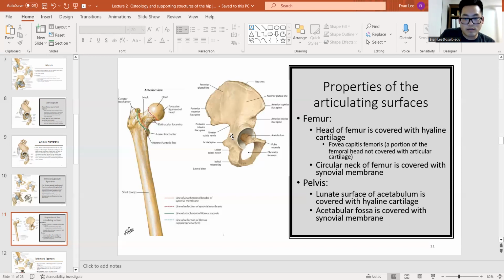So this is going to be what helps to make sure that the bones do not directly grind against each other. The cartilage helps, once again, with protecting the bony tissue itself. I know that bones are hard, but bones can also break if they just grind against each other.